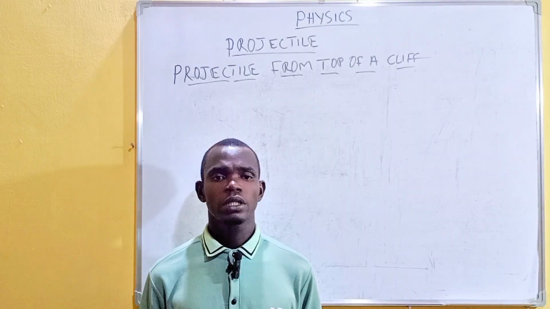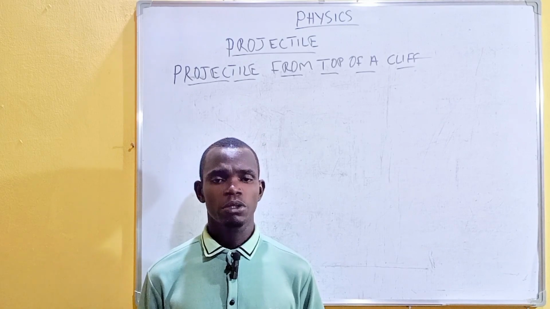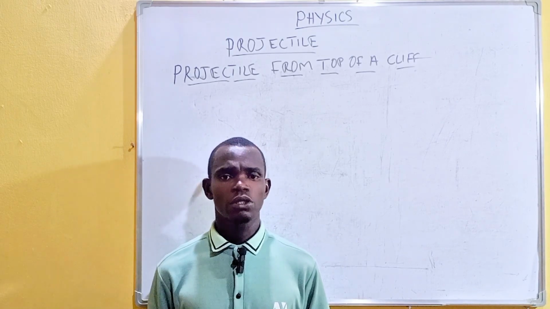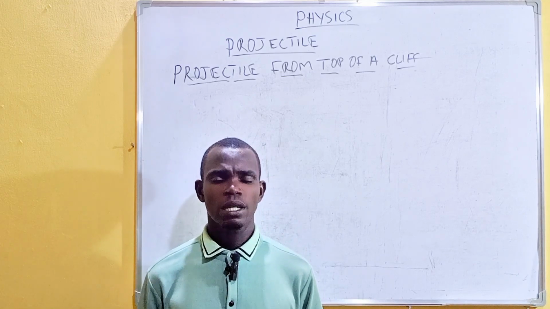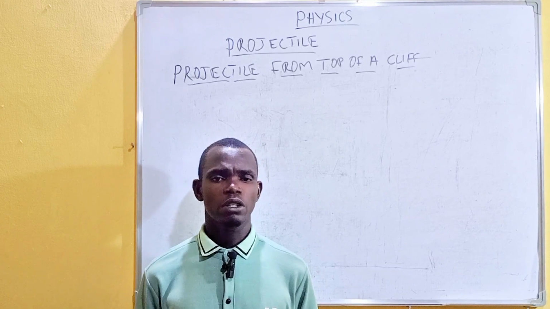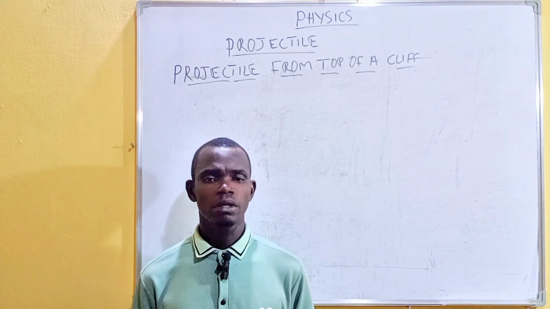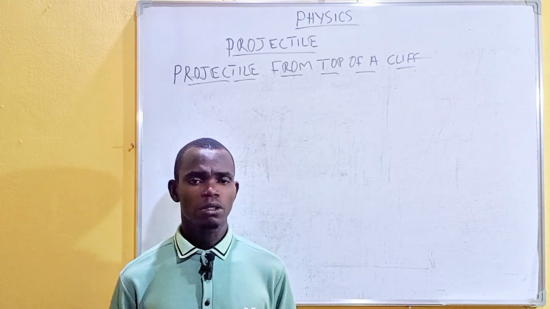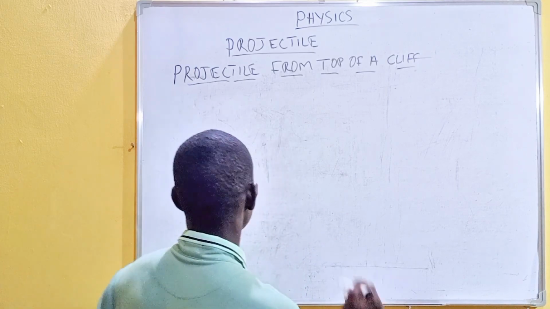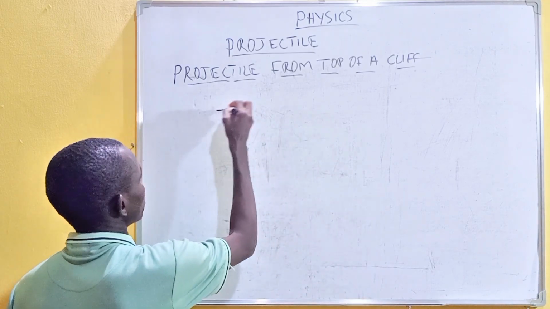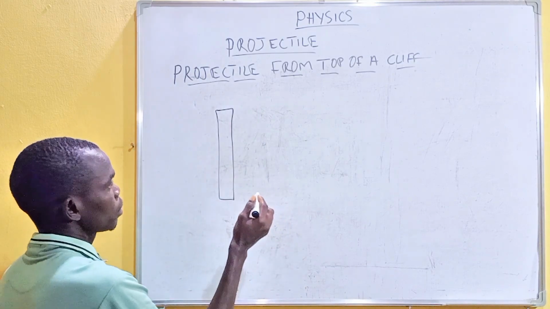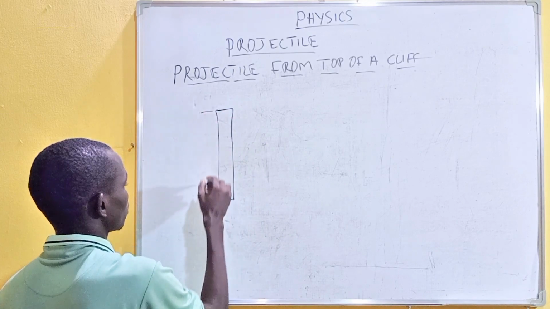Let's consider the projectile of a body from the top of a cliff. If a ball is thrown with an initial horizontal velocity from the top of a cliff, it will follow a curved path until it hits the ground level. And if we are to represent it on a diagram, say here is the height of the cliff.